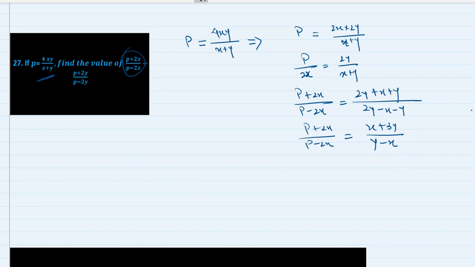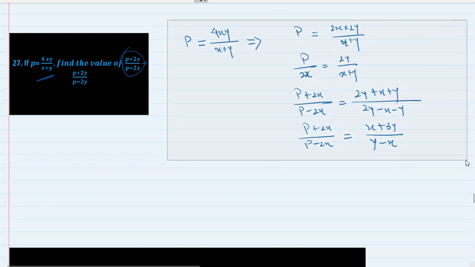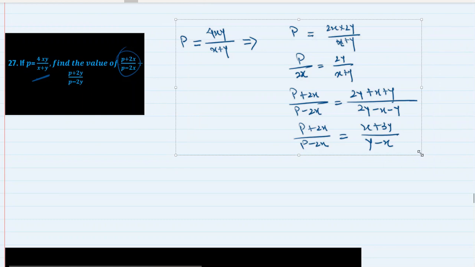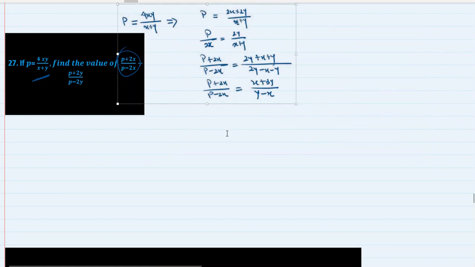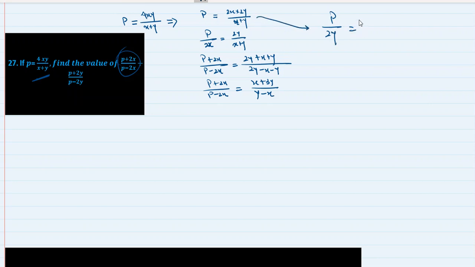Now what? Okay, look closely. Now I'm going to write p by 2y. See, from the same thing, I'm going to write p by 2y as 2x upon x plus y and apply componendo dividendo.